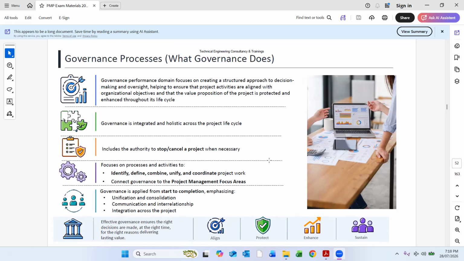As effective governance, there should be the right decision at the right time for the right reason to deliver lasting value. So you should remember: right decision, right time, and right reason. Then governance can deliver lasting value.